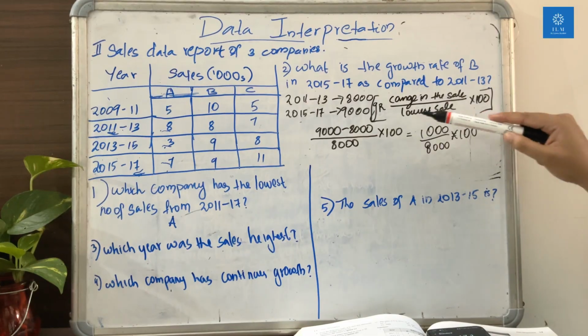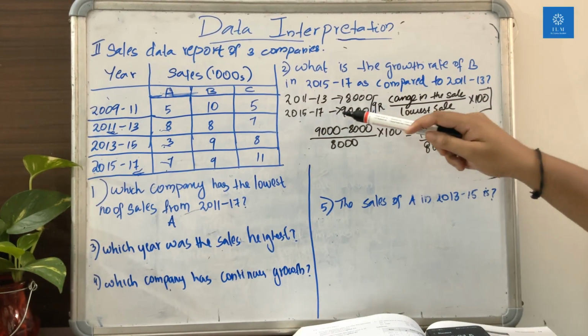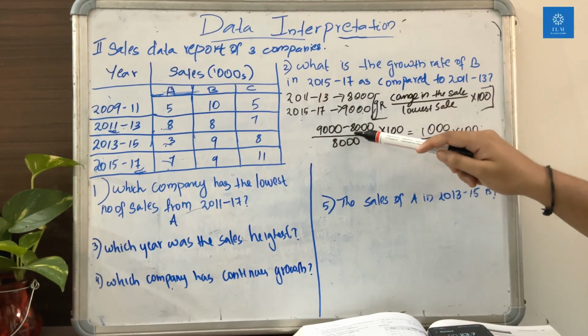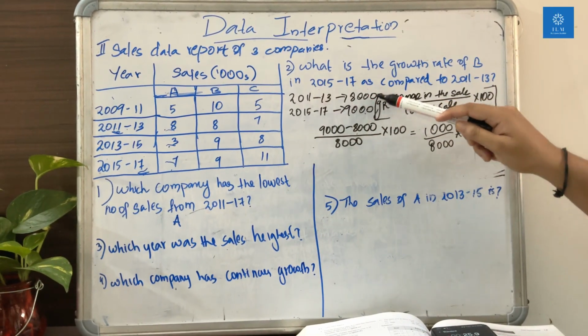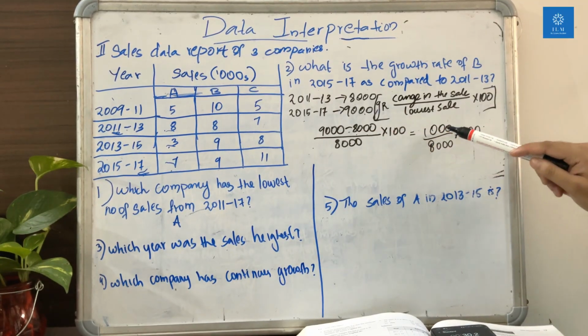So we have to find the growth rate, that is equal to change in the sales by the lowest sale into 100. The change in the sales is 9,000 minus 8,000, by the lowest sale, 8,000, into 100.